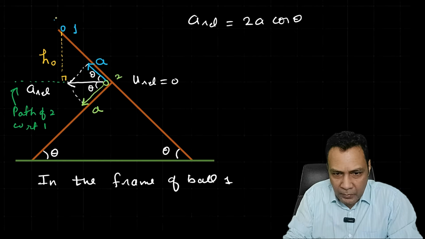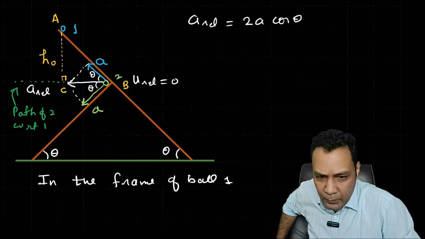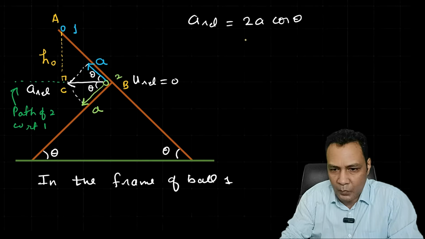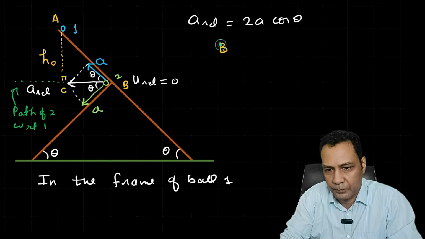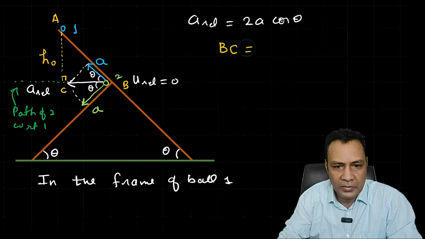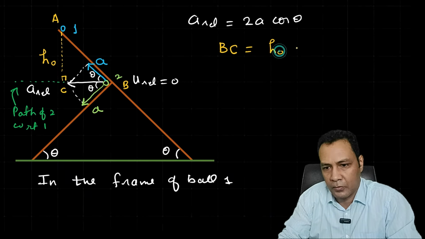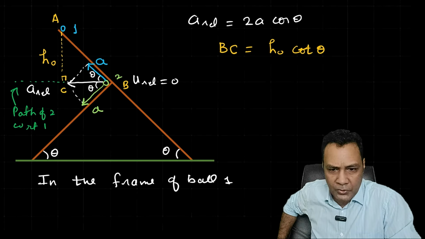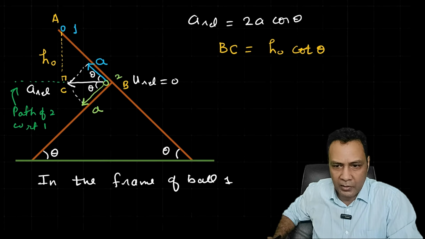And suppose this point is A, this is B, and this is C. So this minimum separation will be obtained after traveling a distance BC. So how much is BC? BC you can see is h naught cot theta, and particle 2 starts with 0 relative velocity with respect to it, with the relative acceleration a relative.